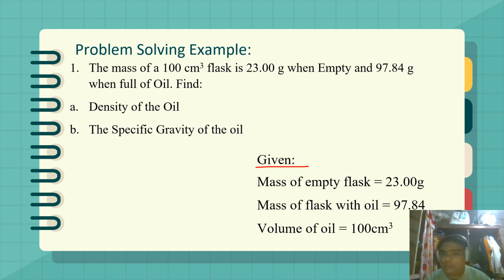Mass of the empty flask is equal to 23 grams. Empty means it has no contents yet. Mass of the flask with oil is 97.84 grams. The volume of oil is 100 cubic centimeters.